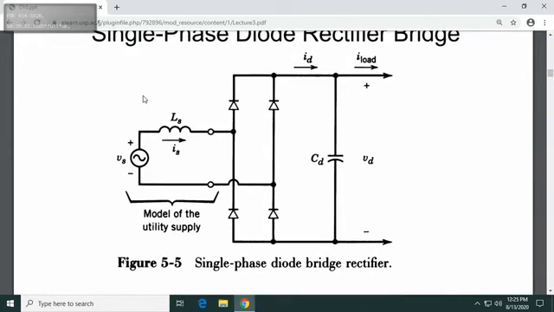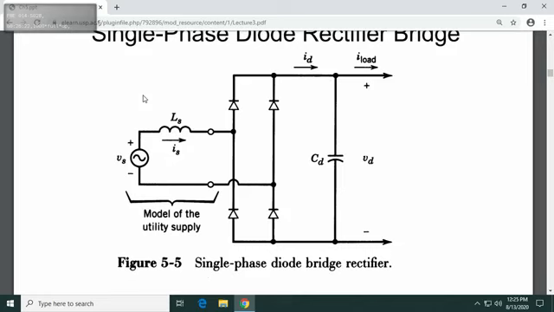What is the output? Yes, it's kind of a ripple. But we require DC because it's a rectifier from AC to DC. So to remove that ripple, we use this capacitor.